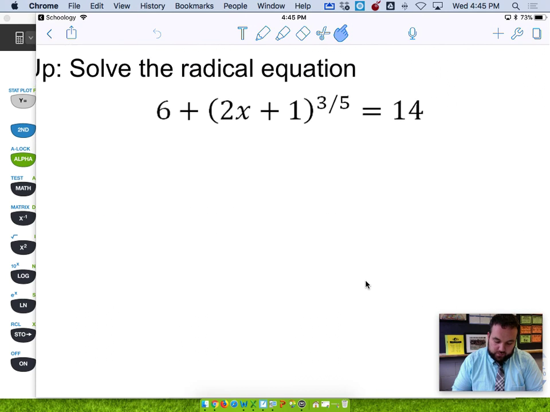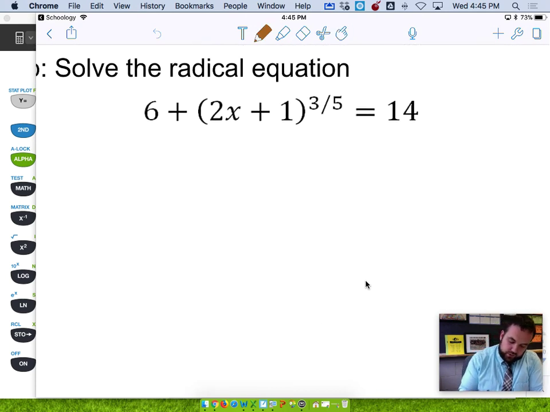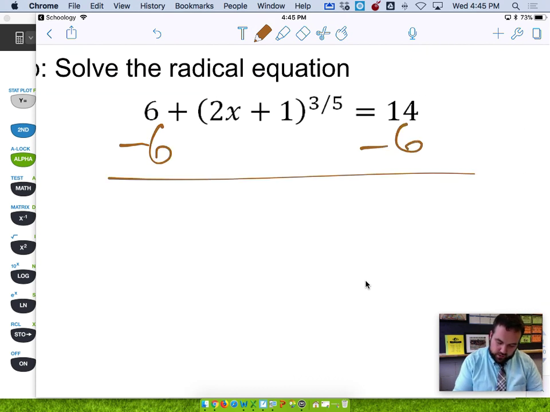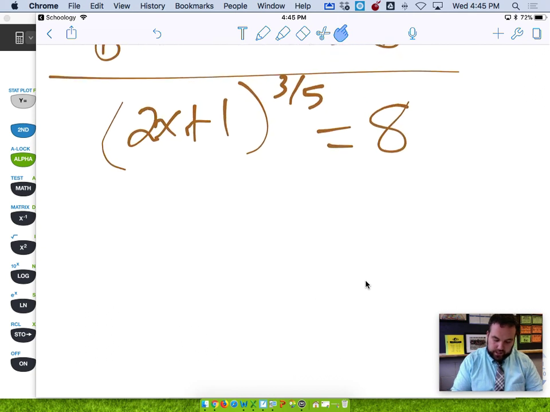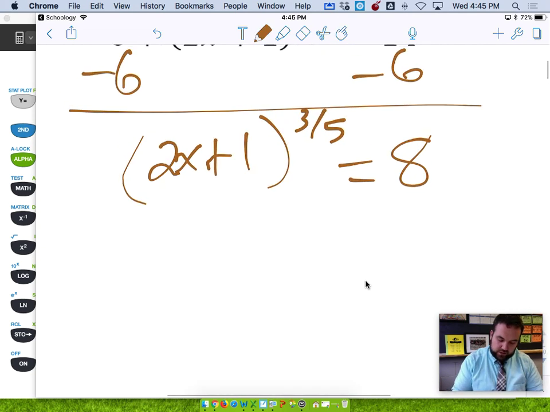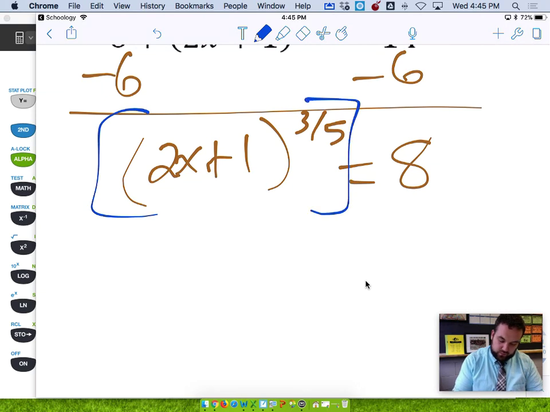As a quick little warm-up, go ahead and solve this radical equation. We're going to go ahead and get rid of the 6 outside of that right away. That gives me 2x plus 1 to the 3/5 power is equal to 8. I know then that I'm ready to get rid of the exponent by using the reciprocal power of 5/3.